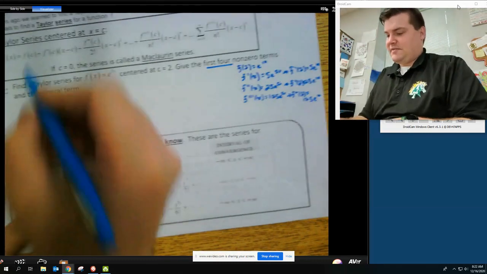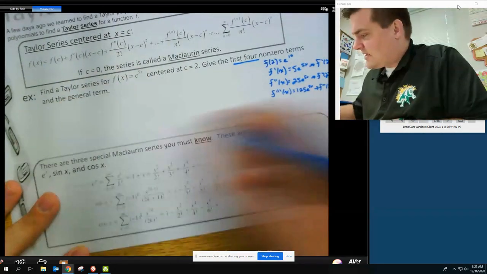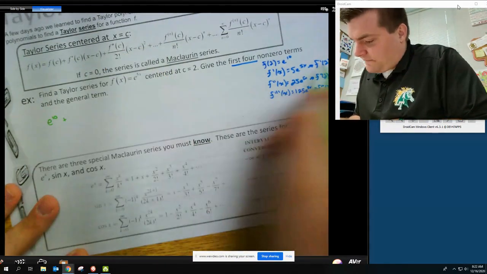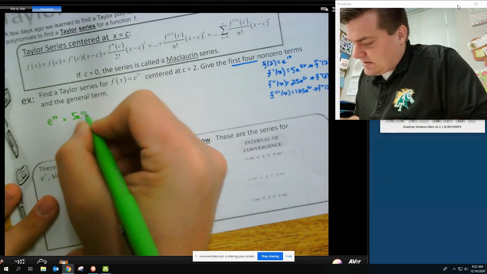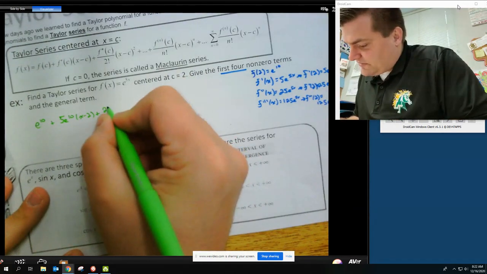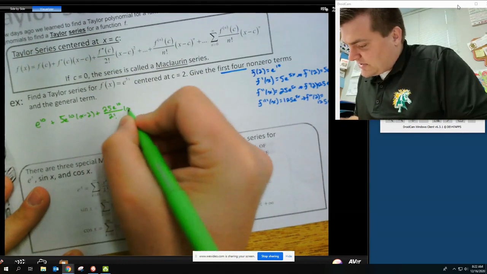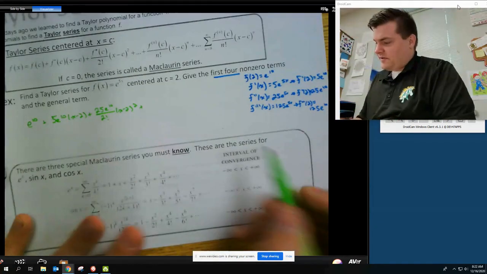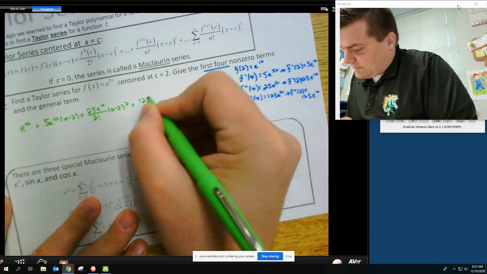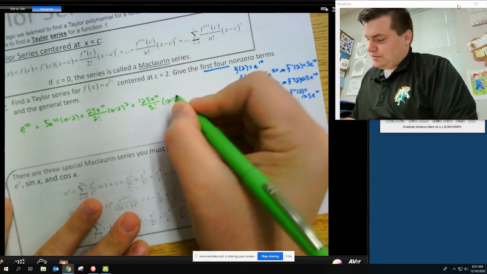Okay, so if I just plug everything in right here, I'm going to get e to the 10 plus 5e to the 10 times (x minus 2), plus, the next one is going to be 25e to the 10 over 2 factorial times (x minus 2) squared, plus my final term, my fourth term here, is going to be 125e to the 10 over 3 factorial times (x minus 2) to the third.